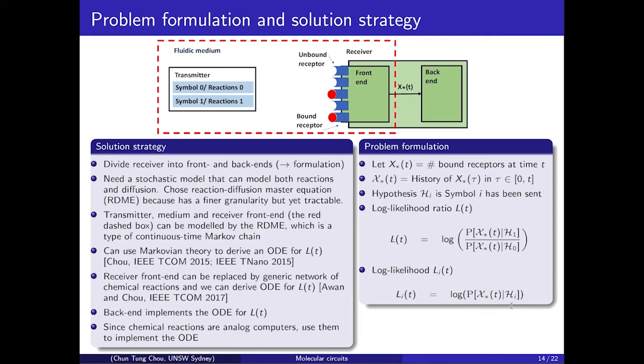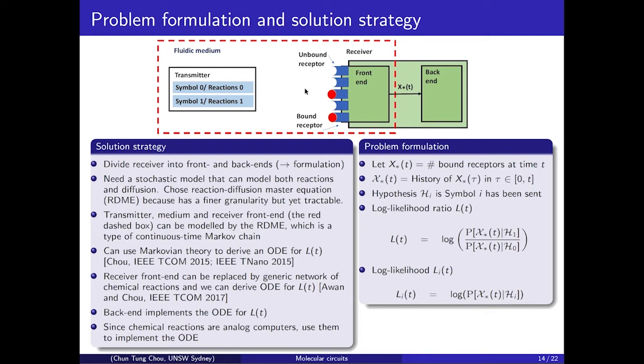In order for us to solve this detection problem, we need a stochastic model that can model the reactions here, because this is the binding of the signaling molecules to receptors. There are also reactions and diffusion, and perhaps inside this medium there may be convection and chemical reactions too.